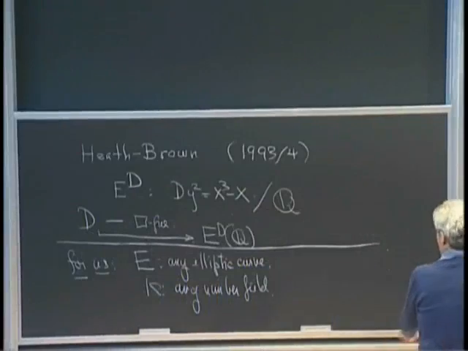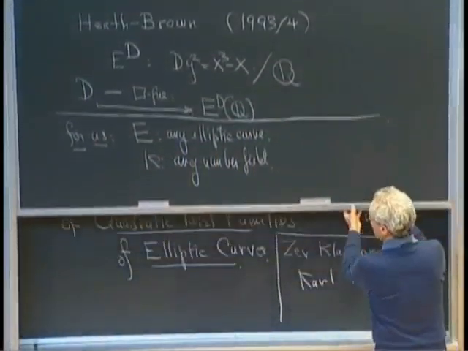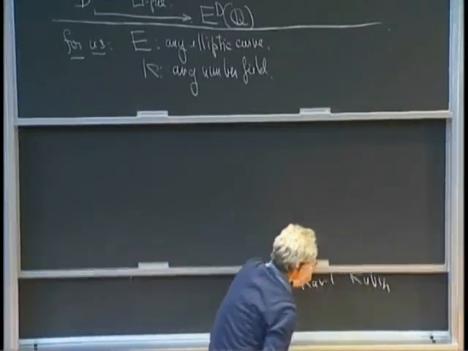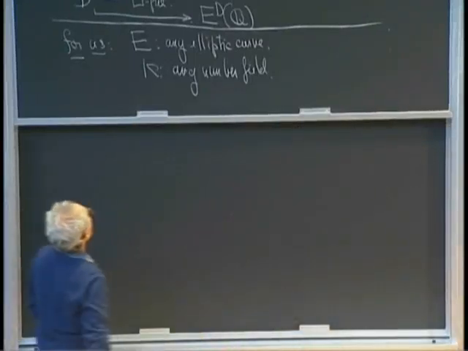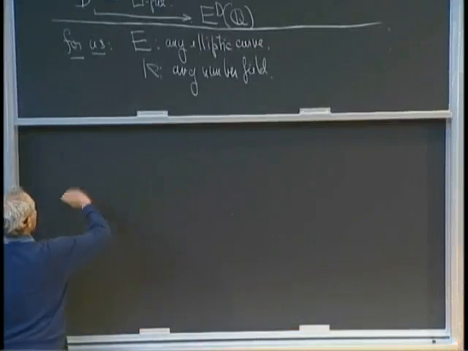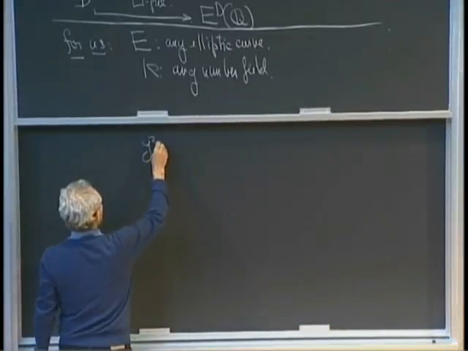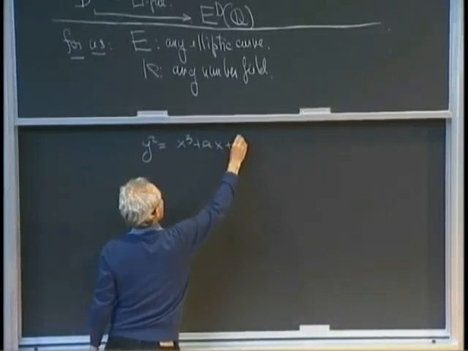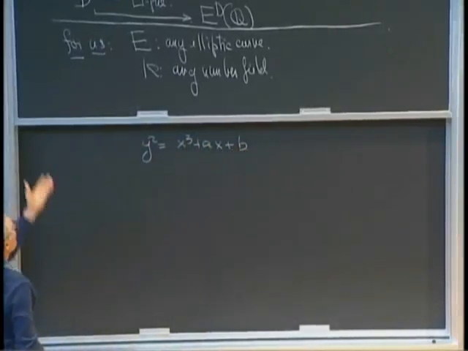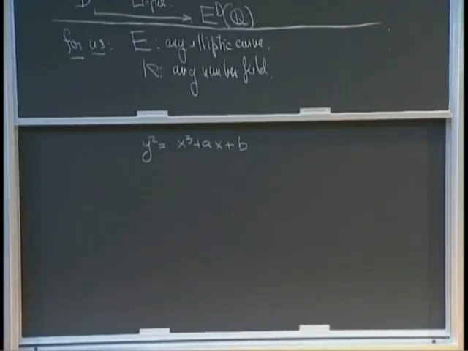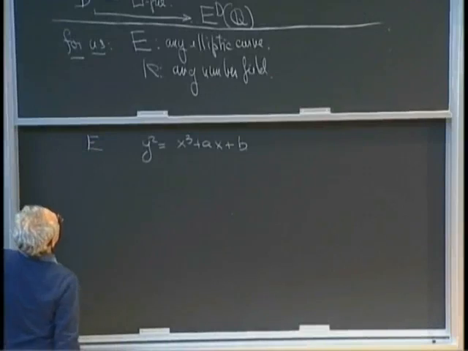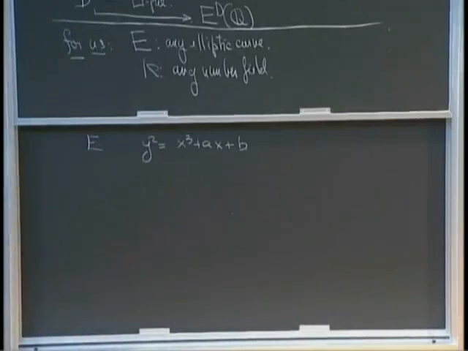So we could, of course, take our elliptic curve y squared equals x cubed plus ax plus b, and we would like to twist that elliptic curve by, if you wish, square-free elements.